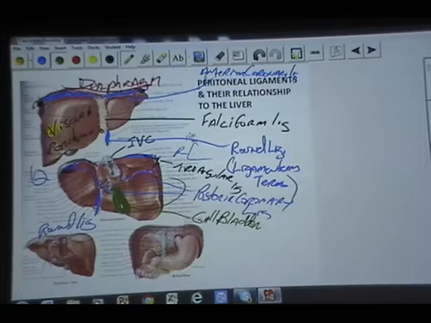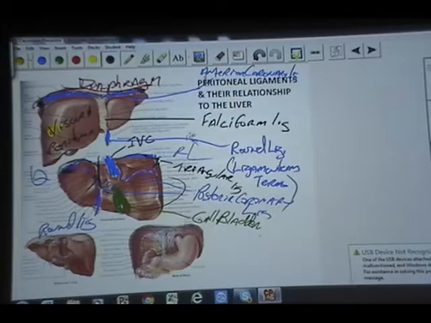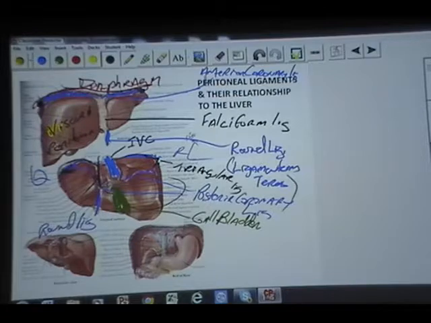So here is the vena cava, the IVC, and over here is the remnant of another embryonic structure, and this is a remnant of the ductus venosus that interconnected the umbilical vein to the vena cava.